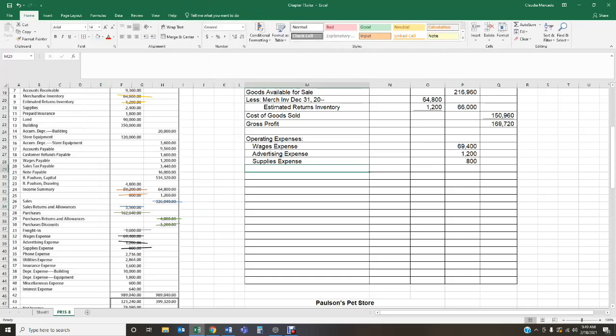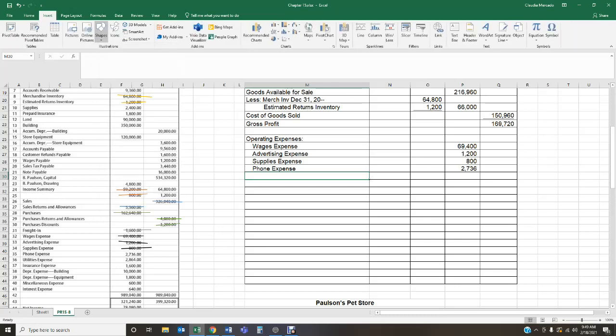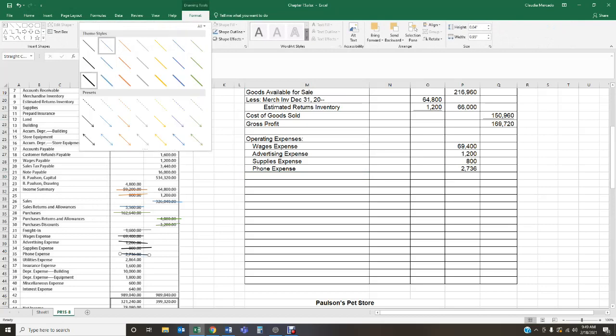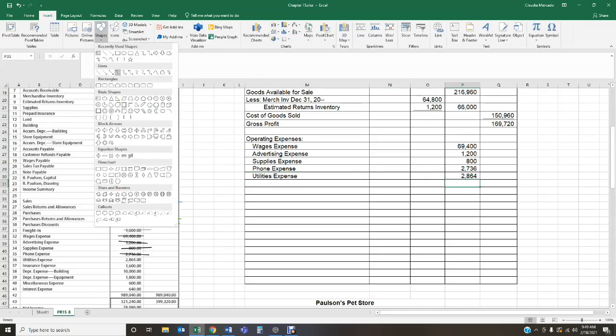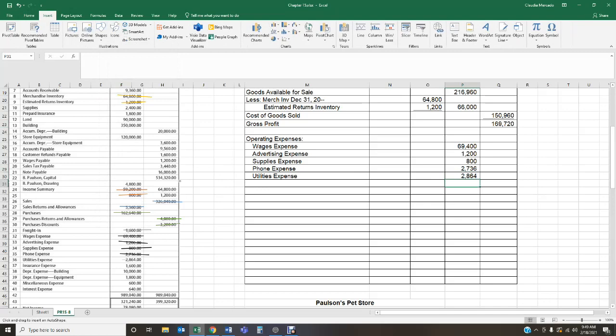Then we have phone expense. So this is just listing all of your operating expenses. Phone expense is $27.36. Next we have utilities expense. My utilities expense is $28.64.